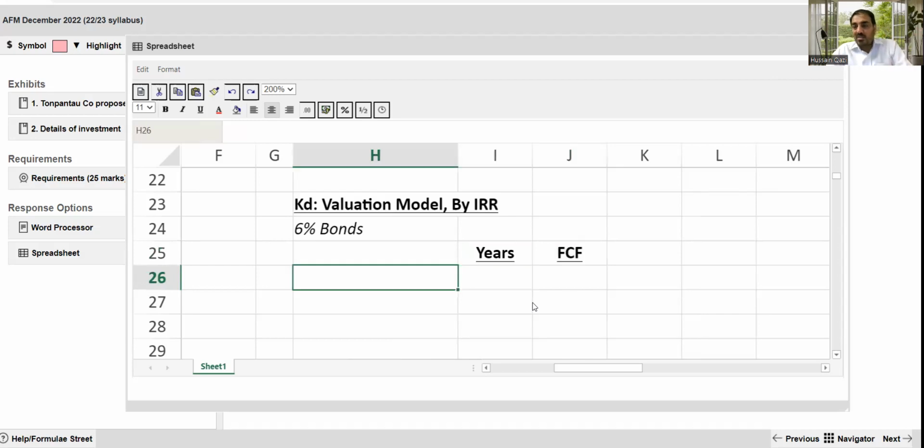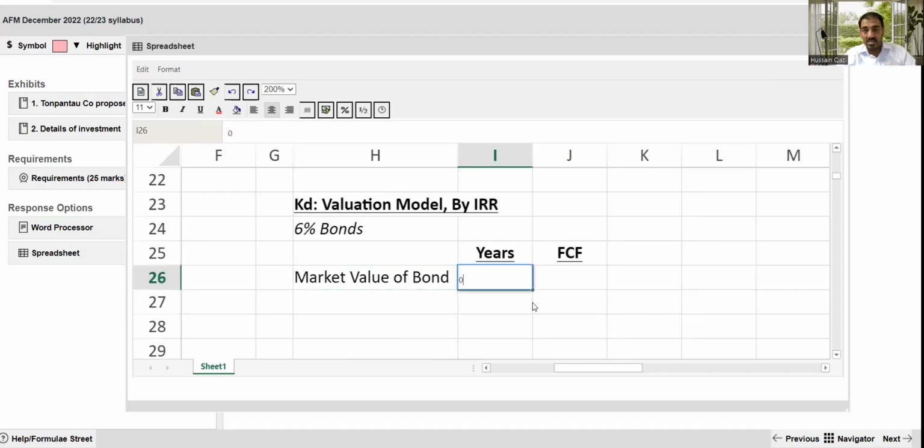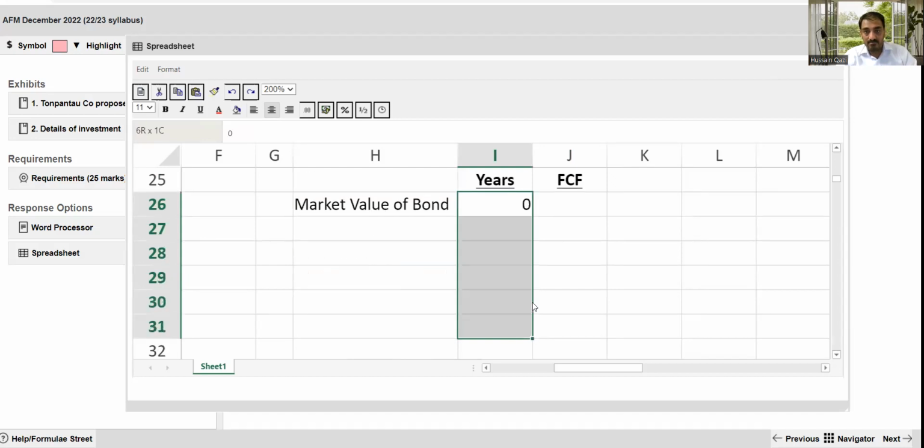If an investor is going to buy 6% bonds, the very first thing is the market value of bond at time 0. Then years 1, 2, 3, 4.